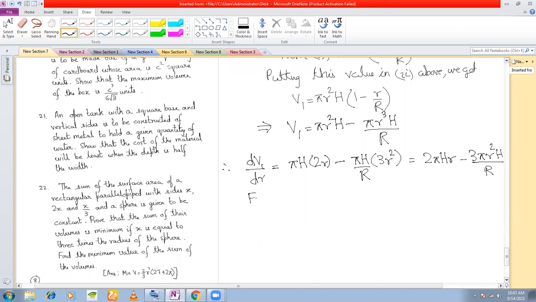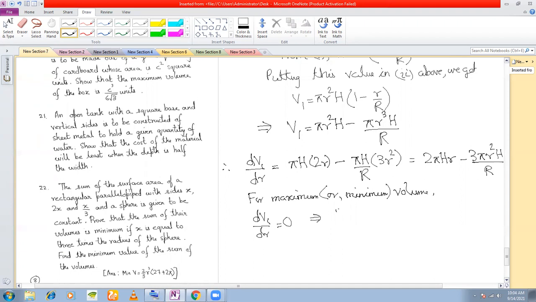So for maximum or minimum volume, dV1/dr must be equal to 0.